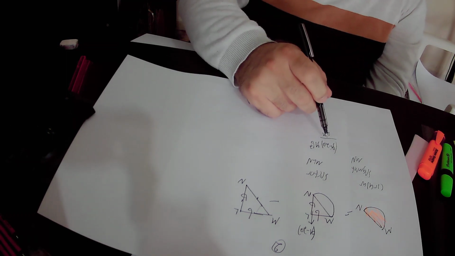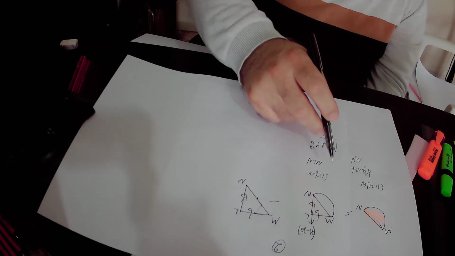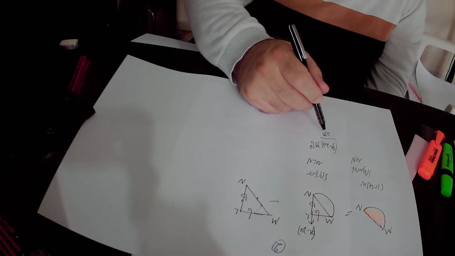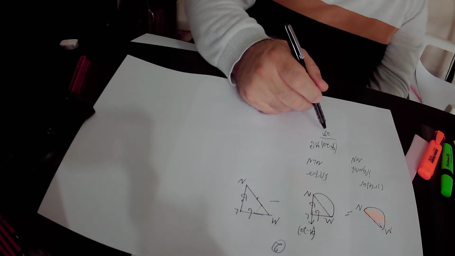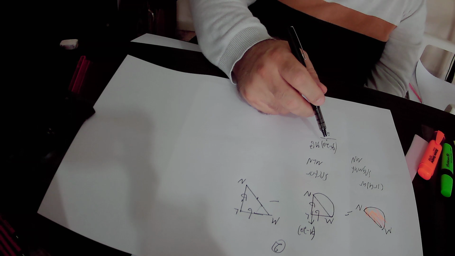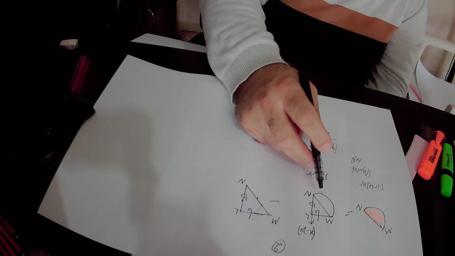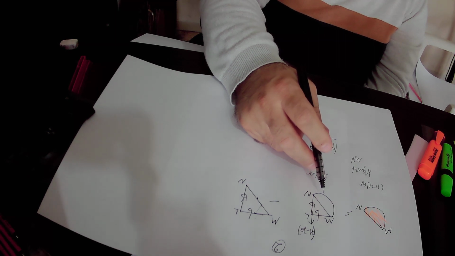So the angle between the legs of the sector over 360 degrees, or 2 theta over 2 pi, will give us the percentage of the whole circle that this sector occupies.